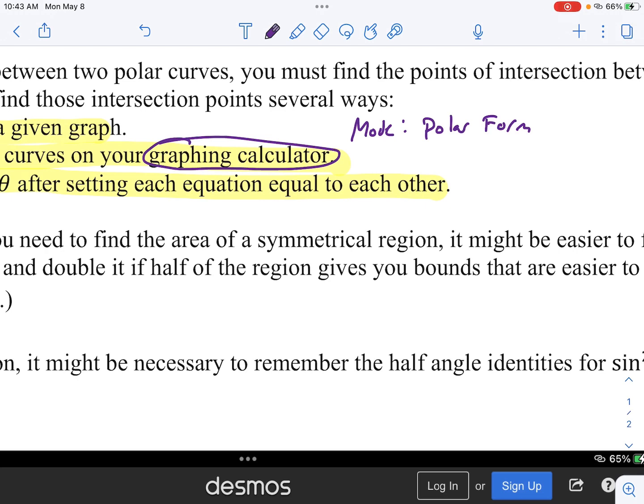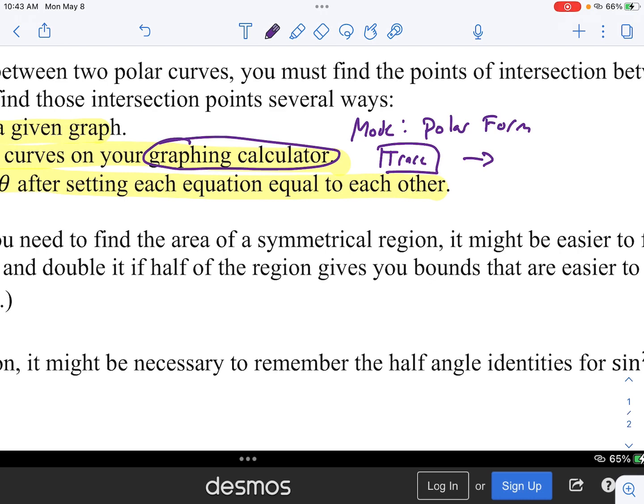There's not a second calc intersect anymore. So what you need to use is the trace button and arrow left and right, usually to the right, because it's going to start at 0 and go up from theta equals 0. So you're going to arrow to the right until you get to the intersection.